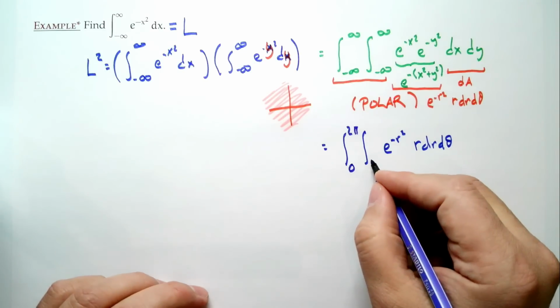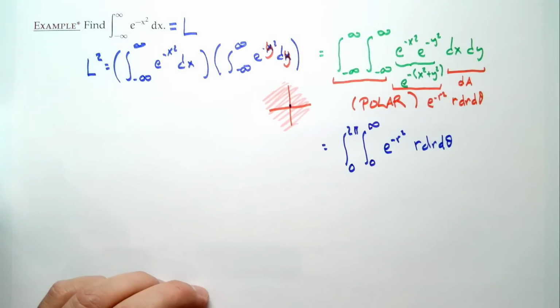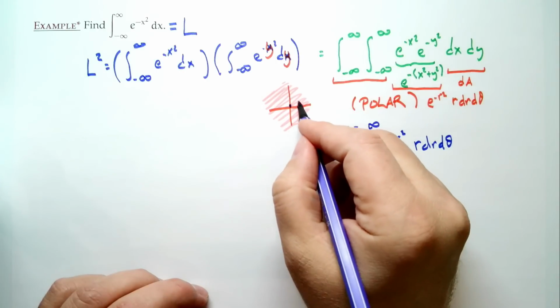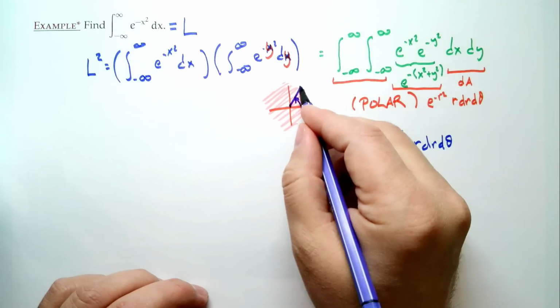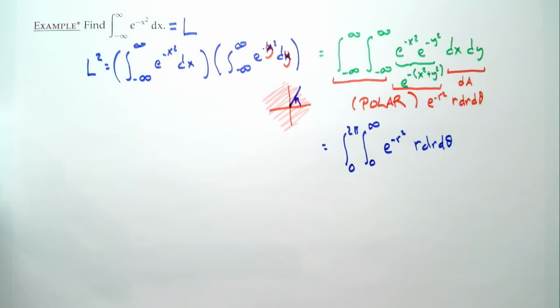Now, why 0? Well, because we always think about coming from the center, emanating from, if you like, that pole at the origin. So the theta says, how much do you turn? And the r says, how far do you go out? Well, I only have to go positive, starting from 0 and heading out. Now, we're in luck.